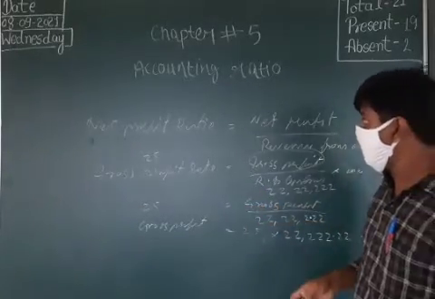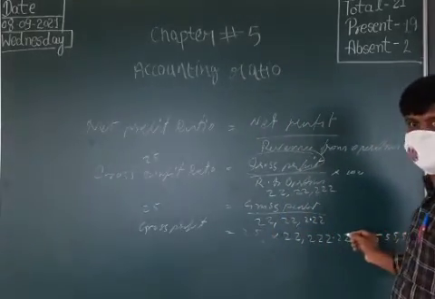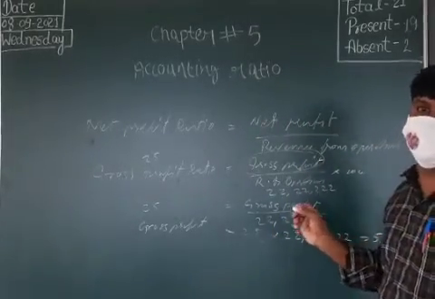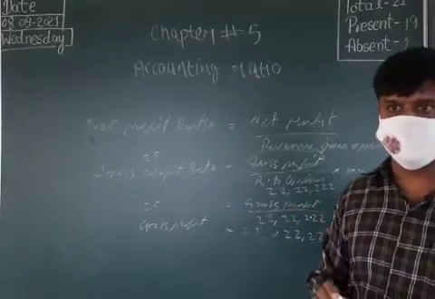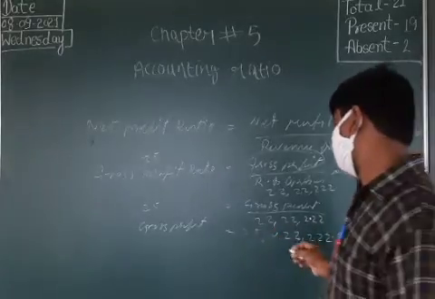Next, from this gross profit, we need to reduce the indirect expense. The indirect expense is directly given as a total amount of 50,000.